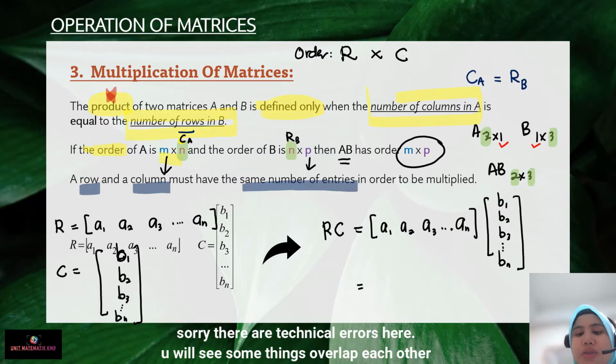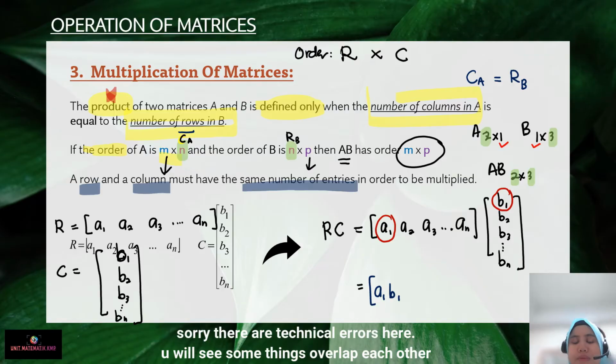So how do you do the multiplication? You take the first element of the row and multiply it with the first element of the column. So it will be A1 times B1.